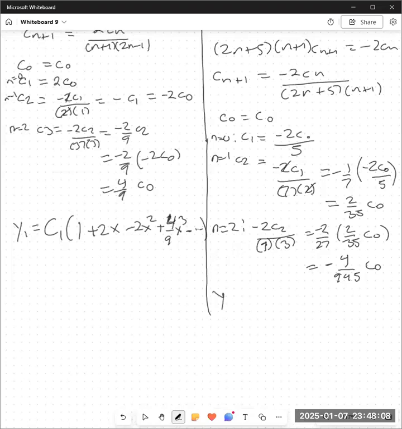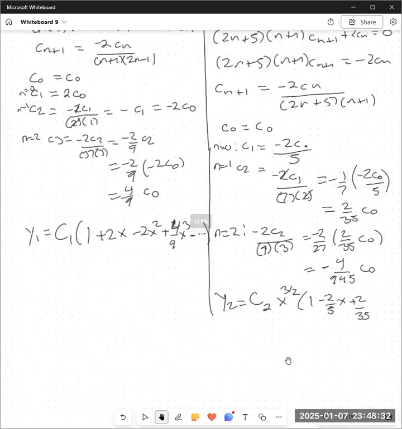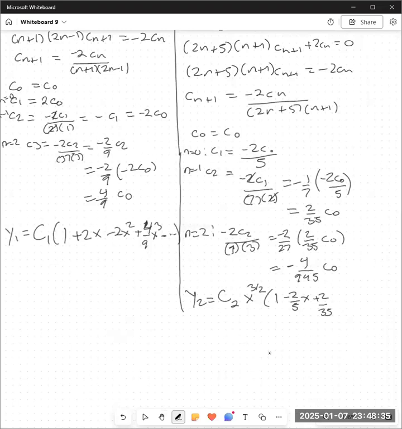Y2 equals big C2 x to the r, there was 3/2, and we have 1 minus 2/5 x plus 2 over 35 x squared minus 4 over 945x cubed, and then that's going to be plus something.